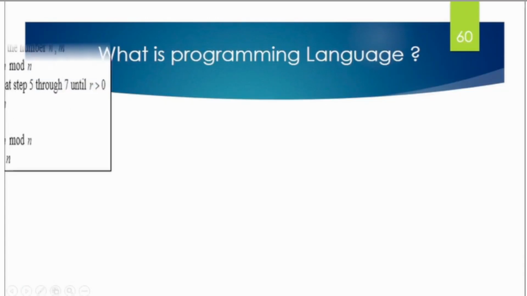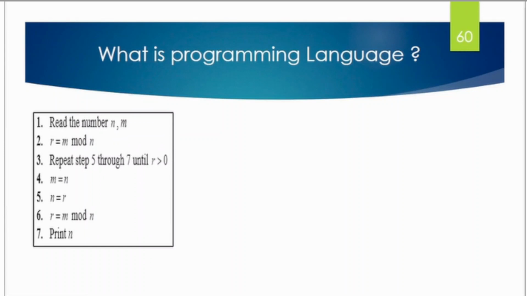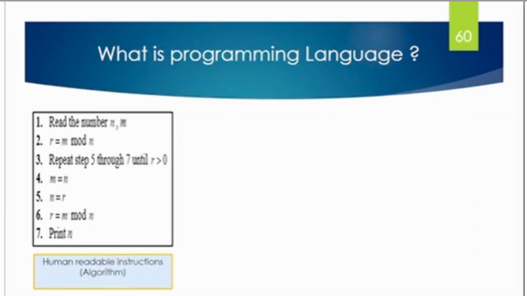We have already seen the Babylonian search algorithm in our previous lecture, and we also have said that this algorithm is basically human readable instructions, written in simple and basic English. Anybody who has the logical sense can understand this, but a machine cannot understand this simple English language.